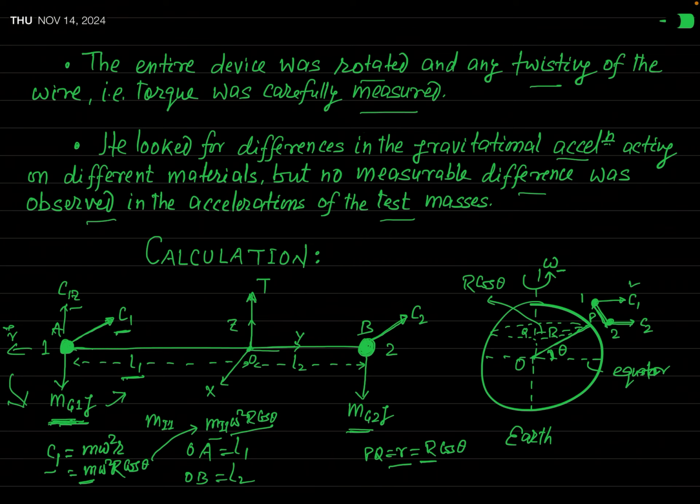The component of C1 in the y direction will be C1y, and with respect to this x-axis, this component will constitute no torque, because the position vector and the force vector will be on the same line, so r cross f will be 0. So only this C1z constitutes torque due to C1 about the x-axis.